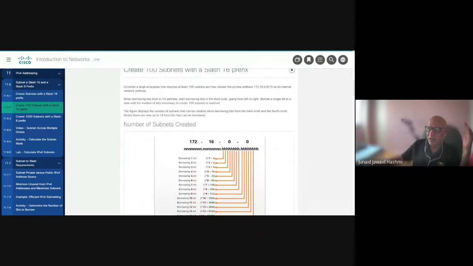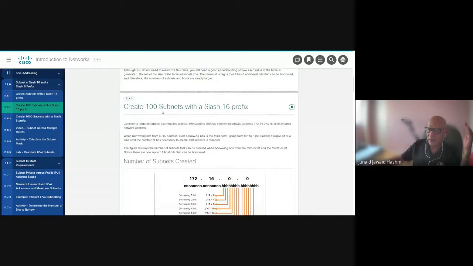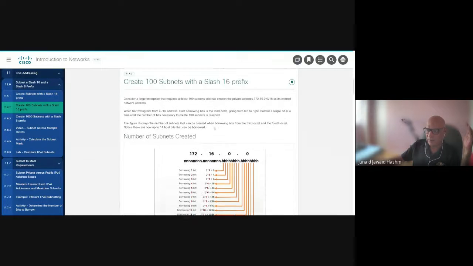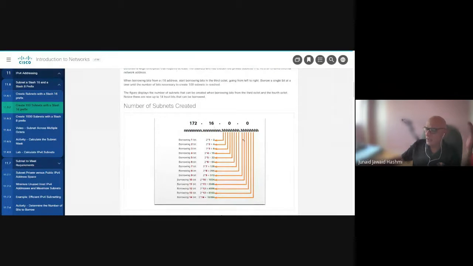Create 100 subnets with a slash 16 prefix. So if you want to create 100 subnets, just borrow the bits until you reach 100. Okay, so if you borrow 8 bits, you get 256 networks. If you borrow 7 bits, you get 128 networks.